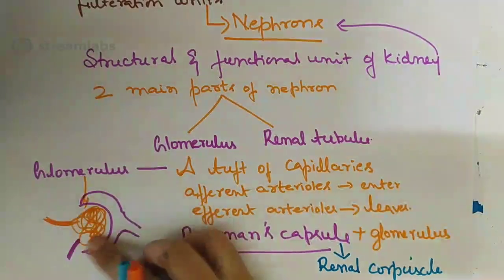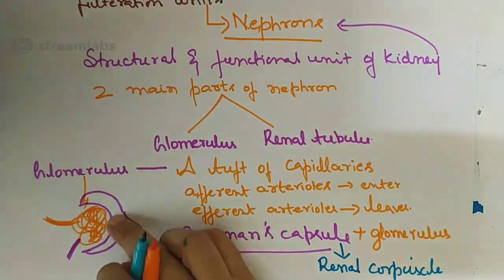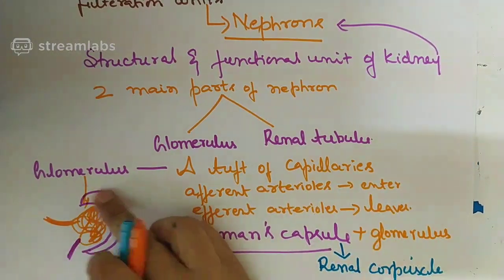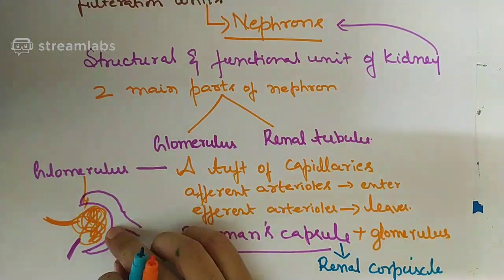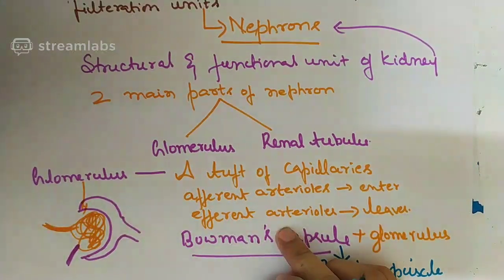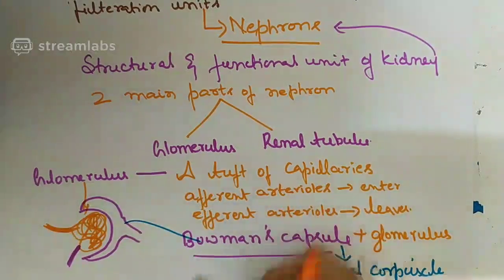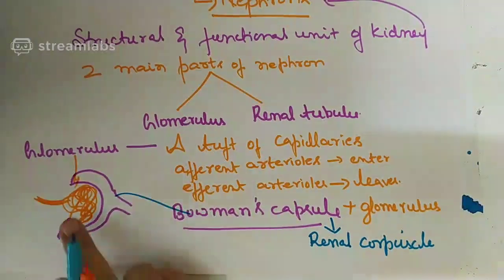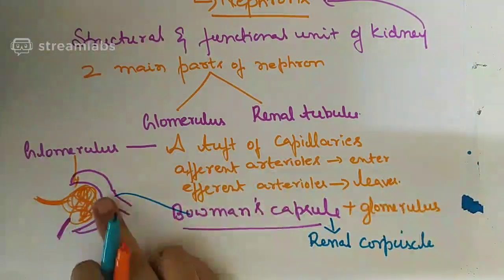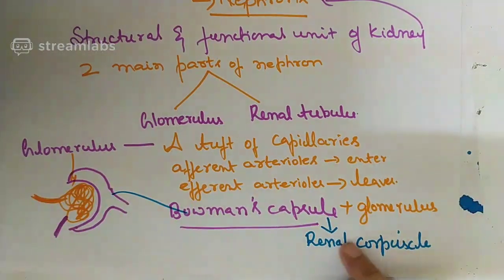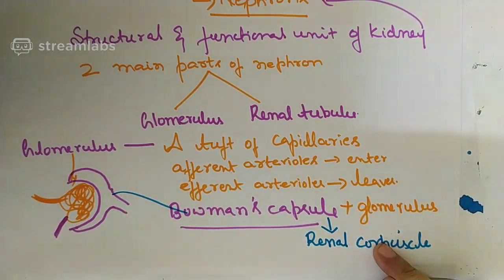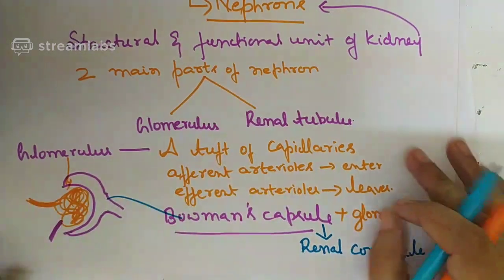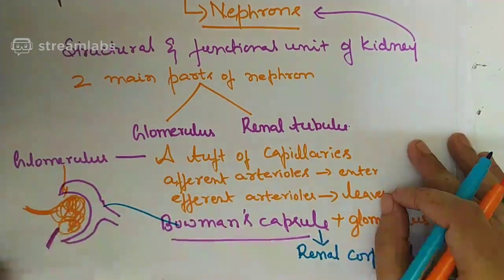Where is that tuft of capillaries placed, students? It is placed in a cup-shaped structure called Bowman's capsule. And the glomerulus along with the Bowman's capsule is called the renal corpuscle.